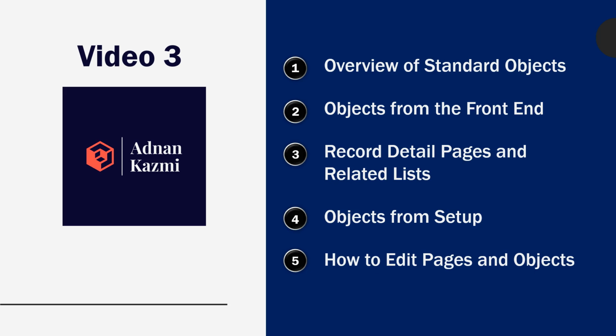Some of the most common standard objects you'll come across will be account, contact, opportunity, lead, cases, and campaigns. There are more standard objects, but we will talk about them as we go along and in our upcoming videos. But for right now, let's look at these objects from within the Salesforce front end.